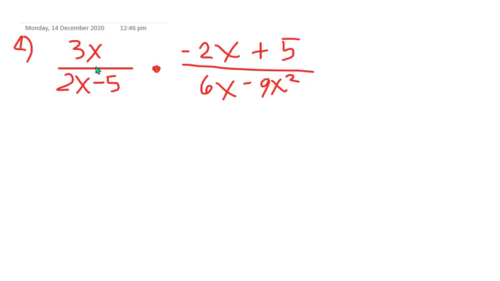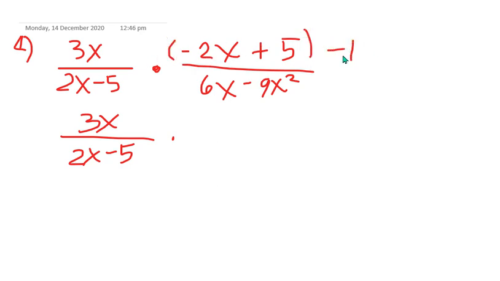So here we will copy the numerator and the denominator. Now, since this is negative 2x plus 5 and this is 2x minus 5, to make this 2x minus 5, we are going to factor out negative 1. So negative 1 times negative 2x is positive 2x.